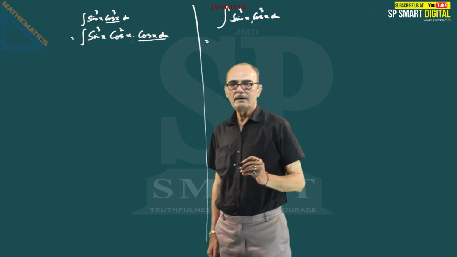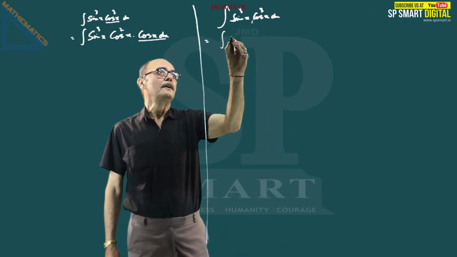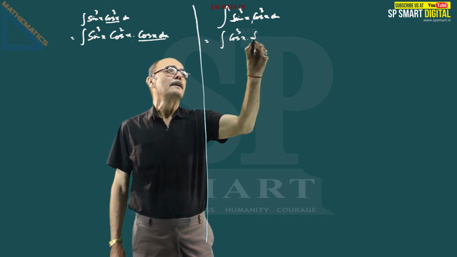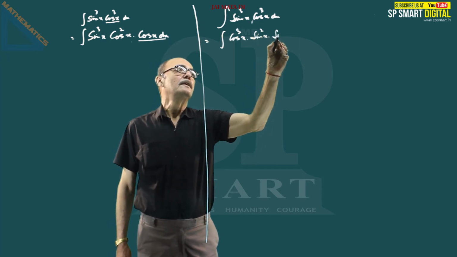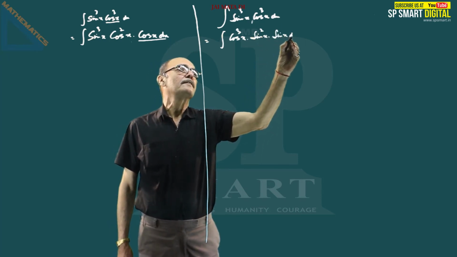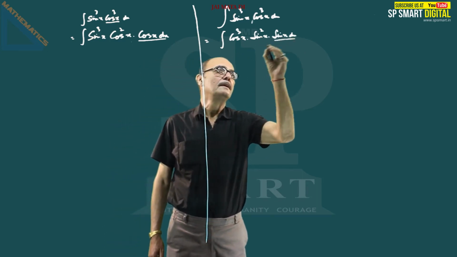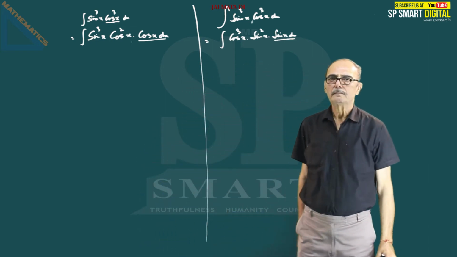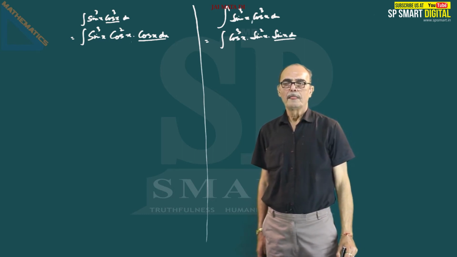Now, in this case, what will I do? I will write cos cube x as it is, and this is sin square x sin x dx. Here we observe that sin x dx is the derivative of cos x.